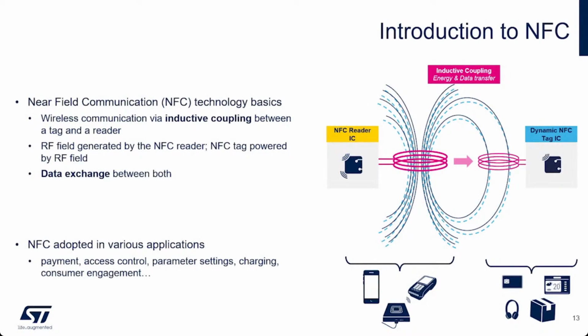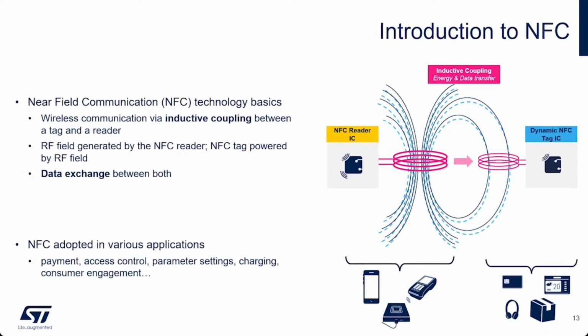So what is NFC? NFC is short for Near Field Communication, and it's an inductively coupled wireless protocol. It consists of a reader that generates a 13.56 MHz carrier signal and a tag powered by the field generated by the reader. For communication, the reader modulates its field, which is then decoded by the tag.